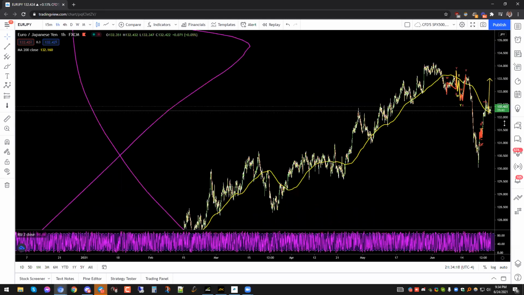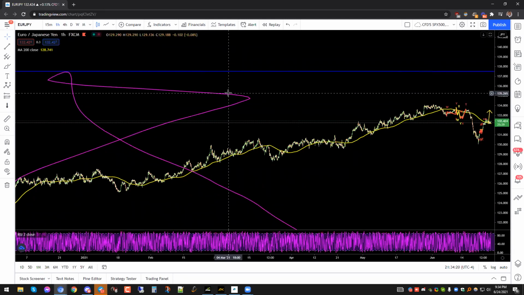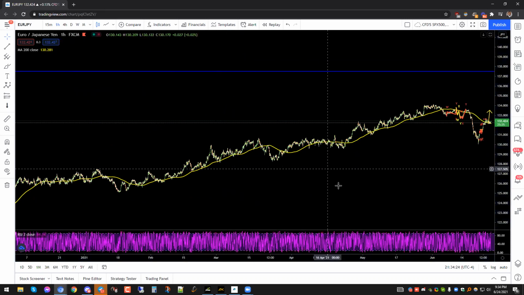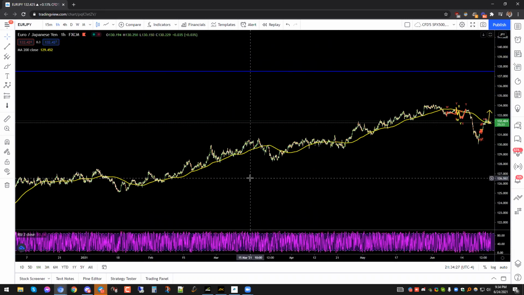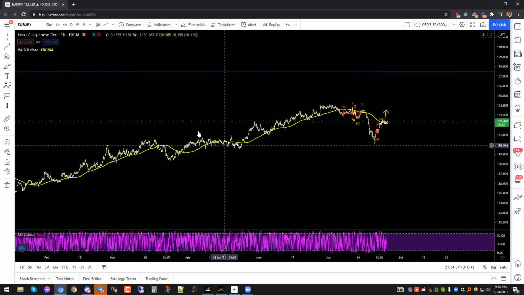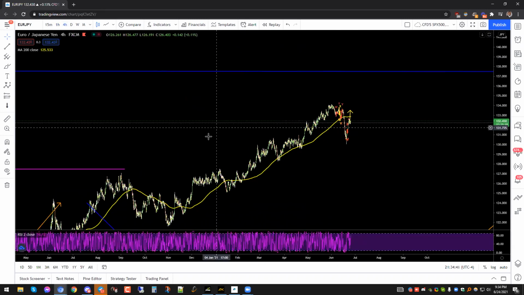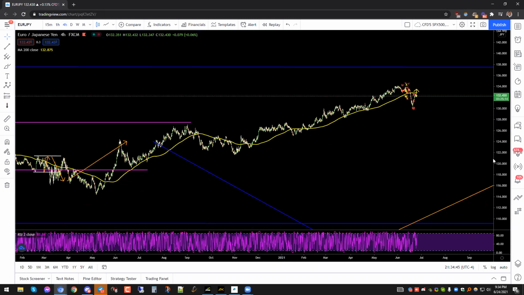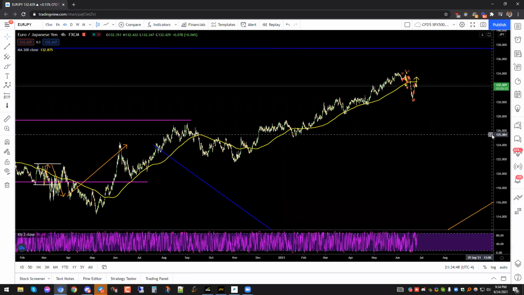Let me just take these drawings off. Just trying to figure out why she was not able to take profit in that area. I'm trying to understand the entire wave structure.